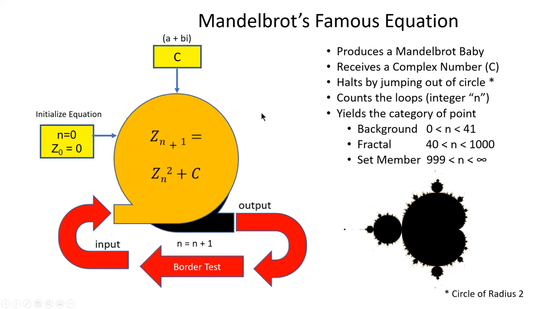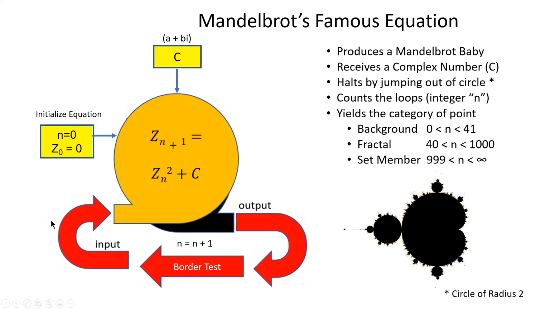And as these points go into the equation, it loops around and around and around, but it halts when one of those points jumps out of the circle of radius 2.